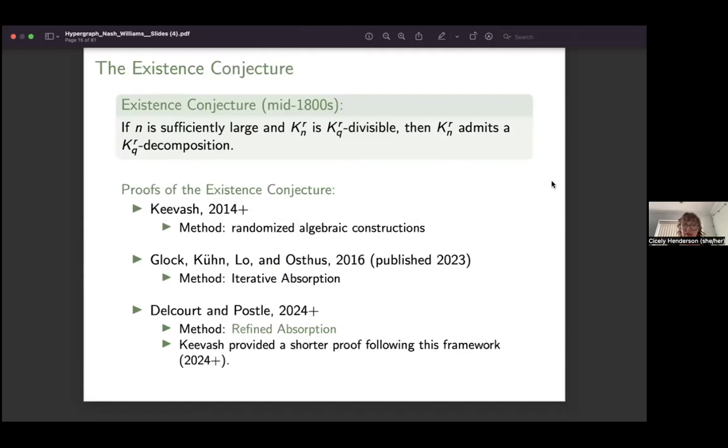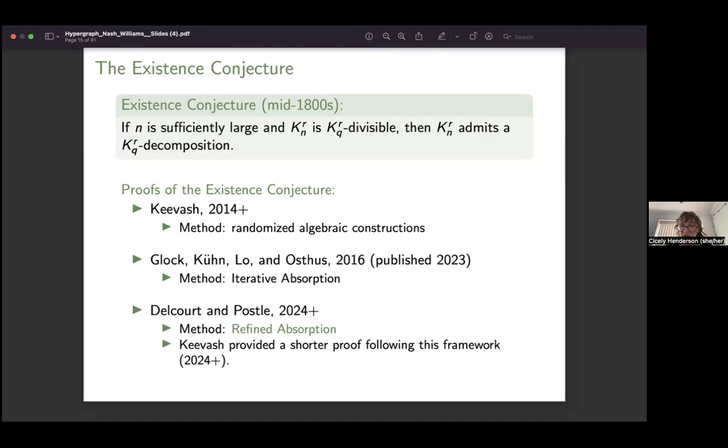Now, even though this appears in the literature starting in the mid-1800s, so it's been around for a long time, it wasn't until the past decade or so that we got any proofs of the existence conjecture. Keevash provided the first proof of this result in 2014 using randomized algebraic constructions. Shortly after, Glock, Kühn, Lo, and Osthus proved it as well using a different method called iterative absorption.